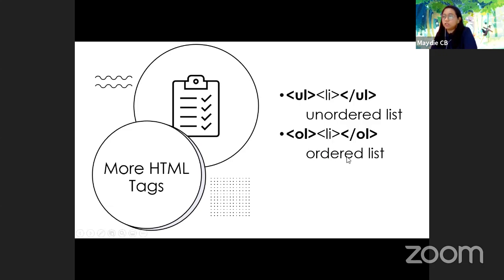For the ordered list, the OL tag is used, and it uses consecutive numbers. Within the UL or OL tags, we will use the LI tag to list the items inside the list.